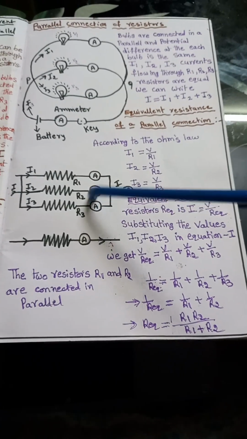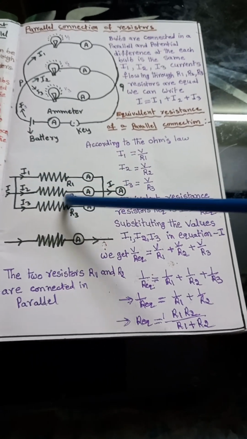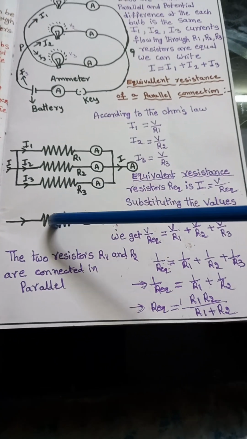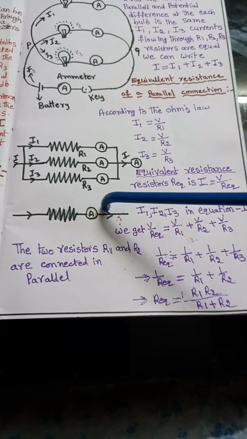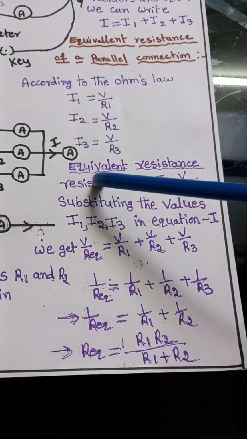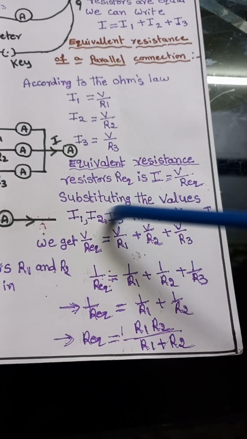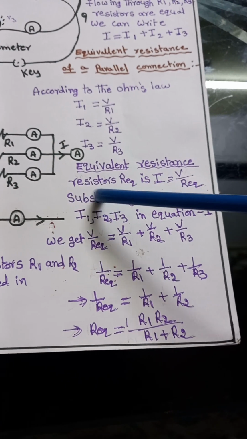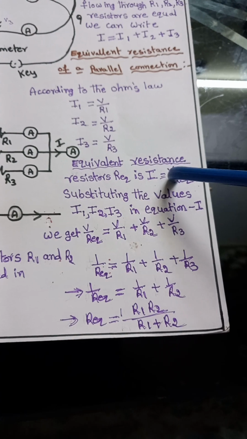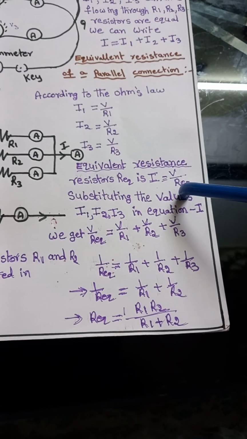These individual resistors are shown as the equivalent resistor, so I is equal to V by the equivalent resistance.